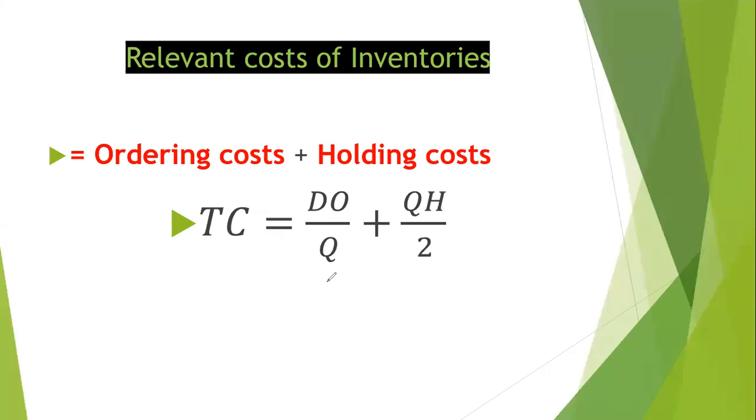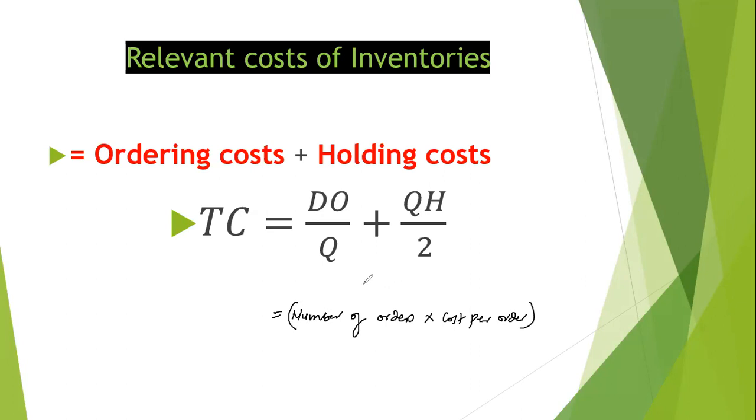How would we calculate ordering costs? We get the D, that is the demand, over Q, then times O. In other words, here we get the number of orders times the cost per order.